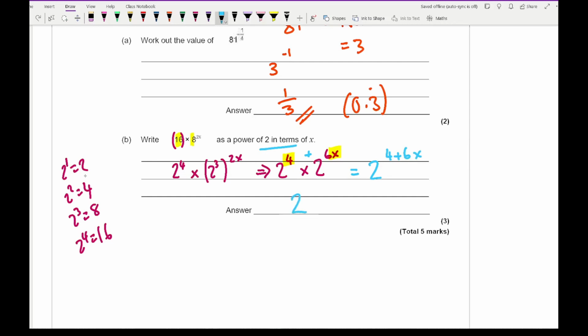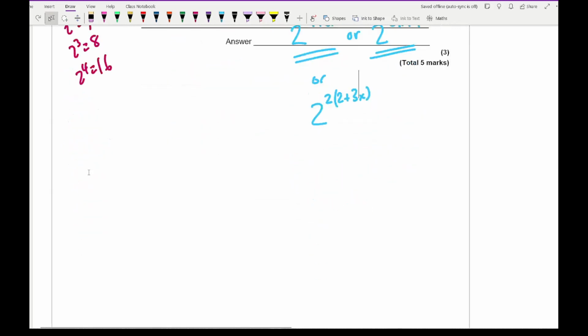So my final answer is 2 to the power of 4 plus 6x, or you could write 2 to the power of 6x plus 4, or you could even go a little bit extra and factorize it. So you could have 2 to the power of 2 times 2 plus 3x, which is fine. But again, unnecessary. I would say the ones I've put on the answer line will probably be the most popular answers.